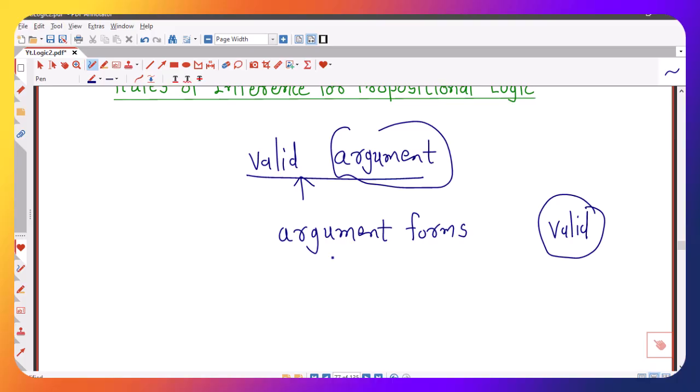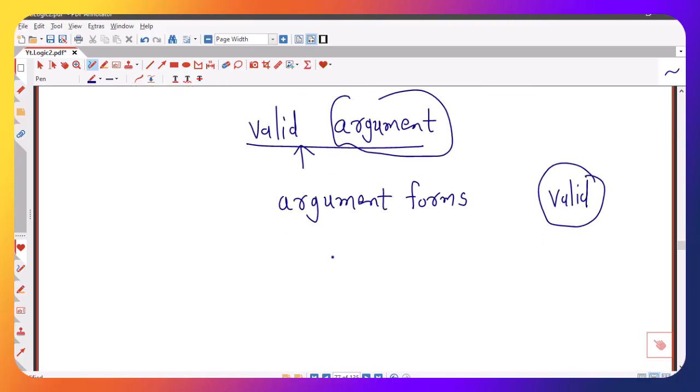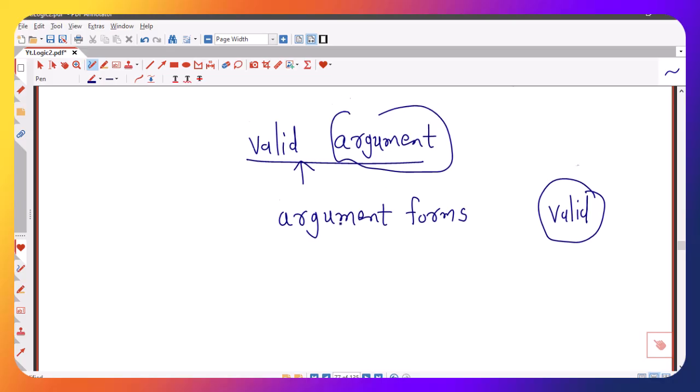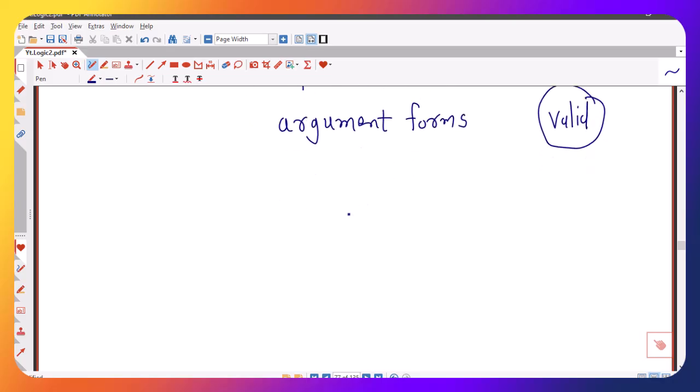Those are known as rules of inference for propositional logic, and if you recall, in the previous lecture we discussed one rule of inference, known as modus ponens. Another name is law of detachment.